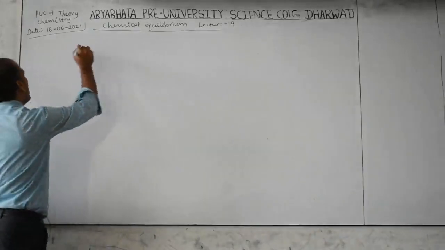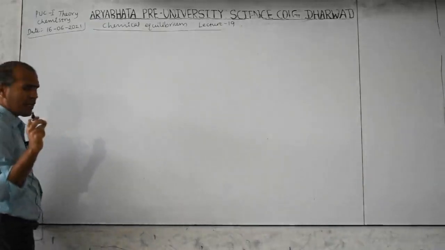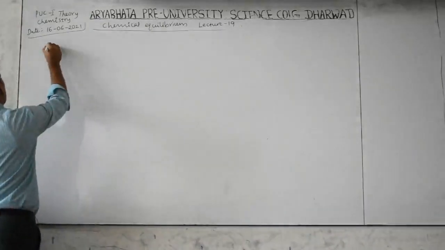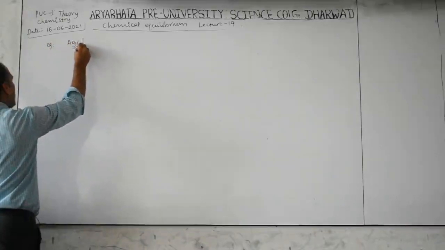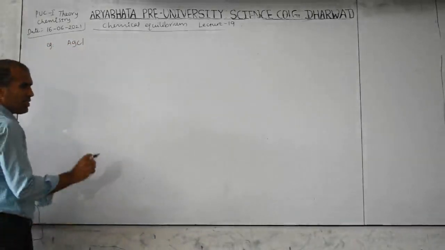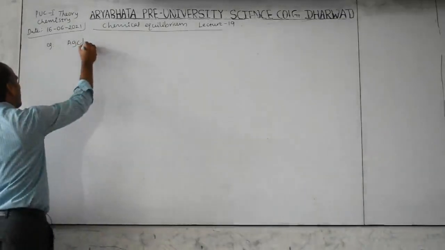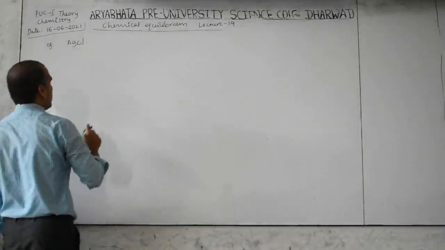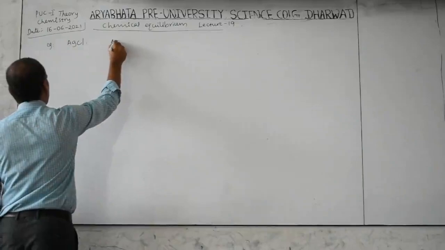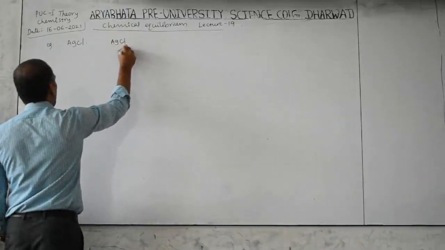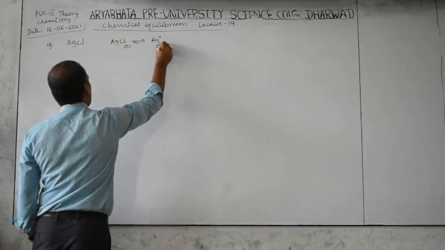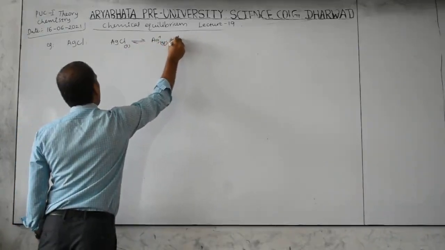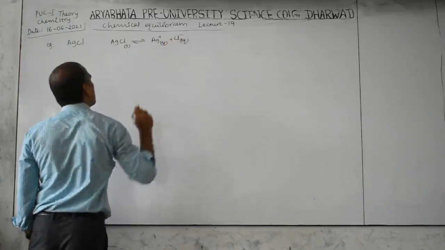See, now I want to write the solubility product expression for a few examples. Example 1, AgCl is a precipitate, already we know it is sparingly soluble. If it is given like this, then how to write? First you have to write the equilibrium expression. The solid will be converted into Ag plus aqueous and Cl minus aqueous.